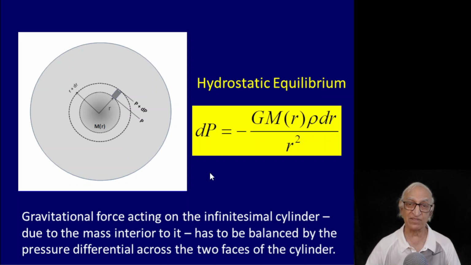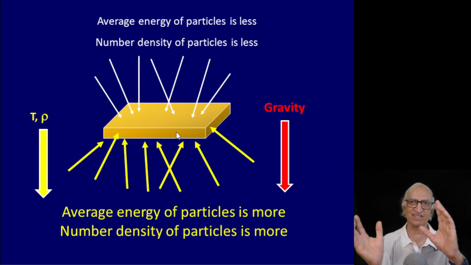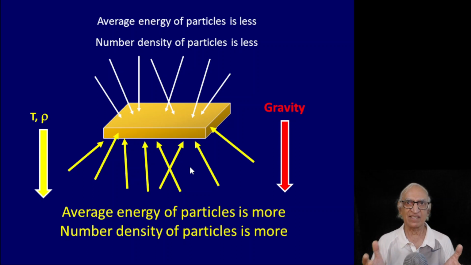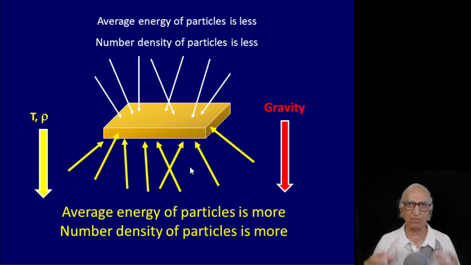Why should there be a pressure differential? That's explained in the next slide. This is our unit cylinder, if you like, rotated to make the figure simpler. And the cross-sectional area is unity and the length is dr. This slab is being bombarded from below and from above by particles which have kinetic energy. Therefore, there is a momentum transfer and therefore they exert a pressure.